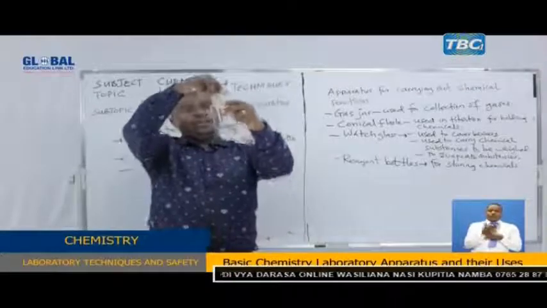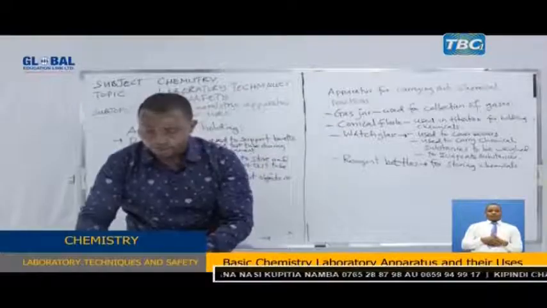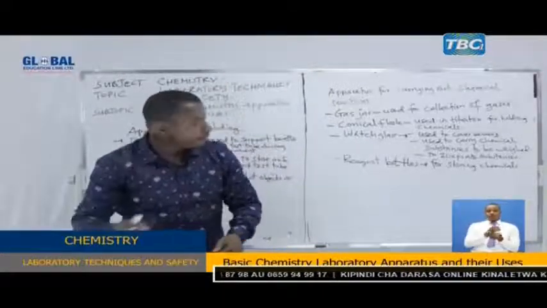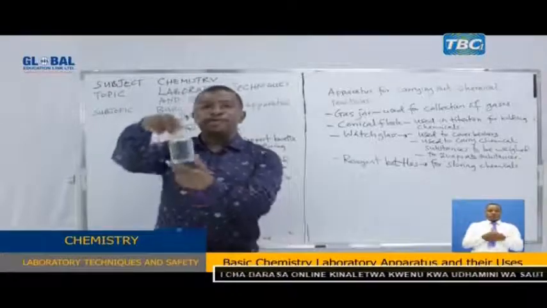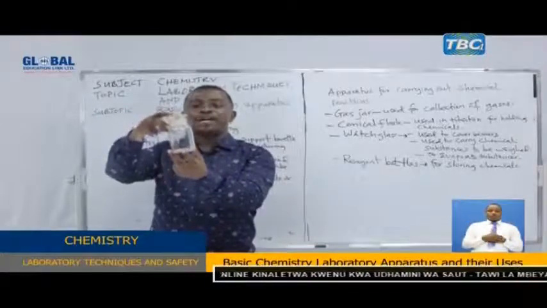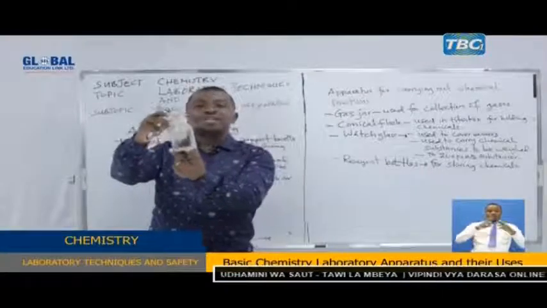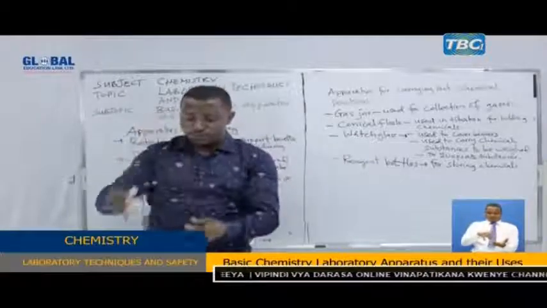The other one is this one here. It's a reagent bottle. We also have the other one. This one is the reagent bottle used for storing chemicals. And normally these are put on a bench for conducting experiments, and they are known as bench reagent bottles. They store chemicals ready to be used.